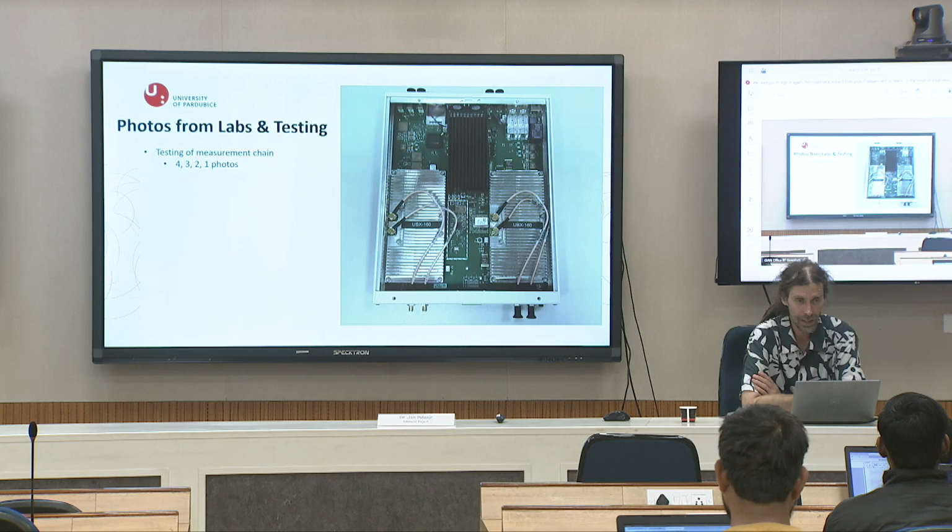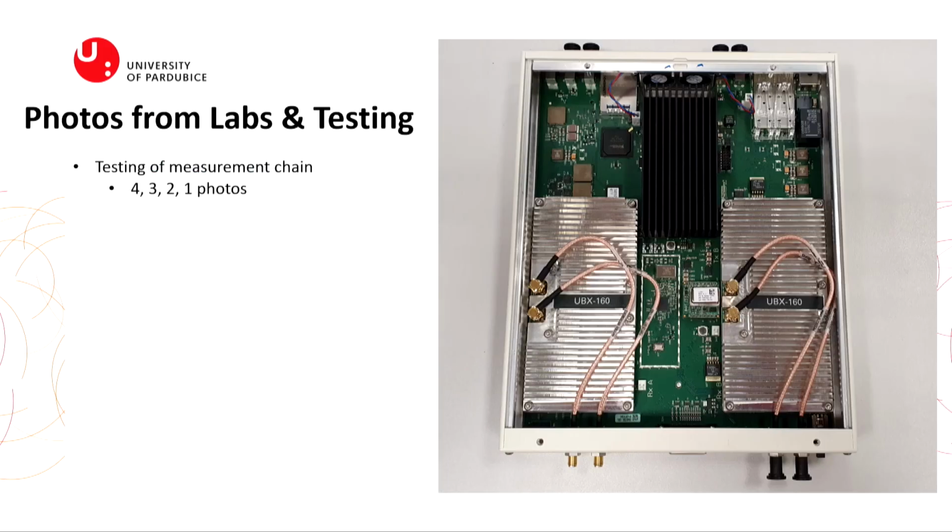So there are a few photos that I found from lab testing. This is the SDR radio, where we have uncovered it so you can see how it looks inside. One is a transmitter, and one is a transmitter and receiver together.